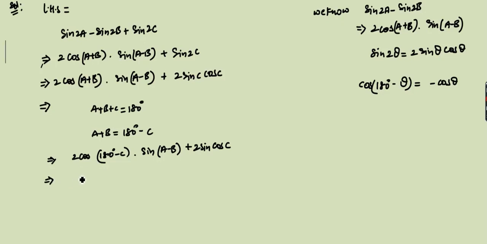So this will be like minus 2 cos C, because cos of 180 minus theta is minus cos theta, and sine of A minus B as it is, plus 2 sin C cos C as it is. Now let's shuffle this one.